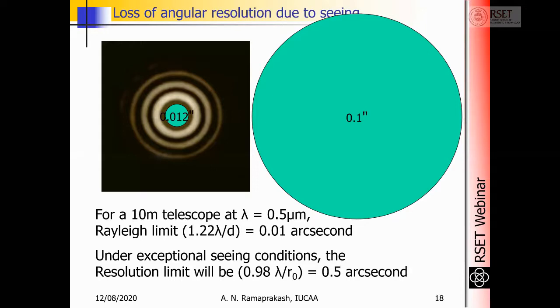So on one hand, theoretically the telescope should be able to see 0.01 arc second size structures on that object, but the atmosphere limits it to a condition where you can't even resolve details at even 0.5 arc seconds, 50 times larger. So this is a huge limitation which the atmosphere introduces into the ability of optical telescopes to see fine details in structures.